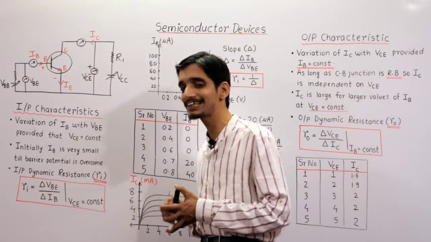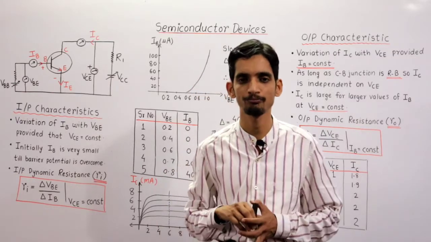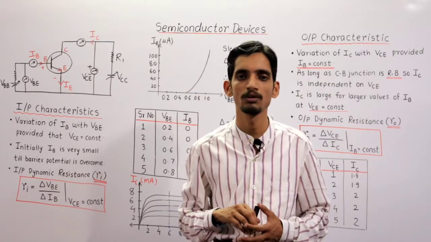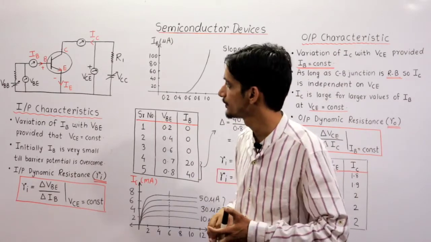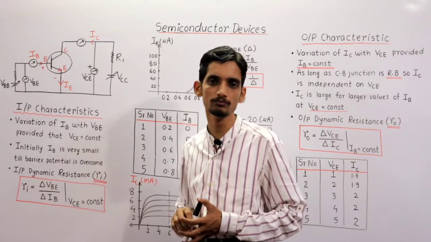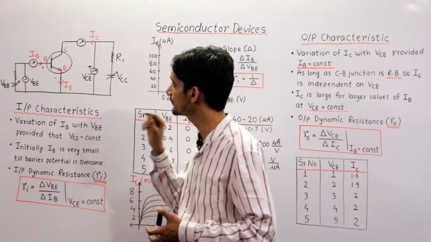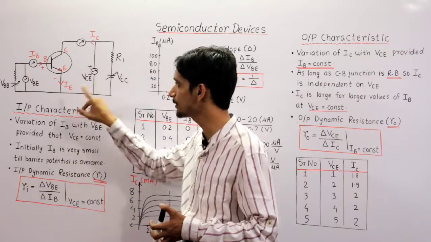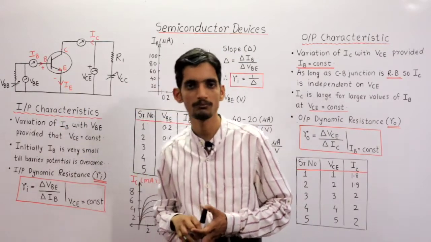Now as I already discussed, depending on the type of configuration, you have to decide which is the input current and which is the input voltage. Suppose this is an NPN transistor, then the input current for this transistor is IB, because it is in common emitter configuration, and the input voltage is VBE.